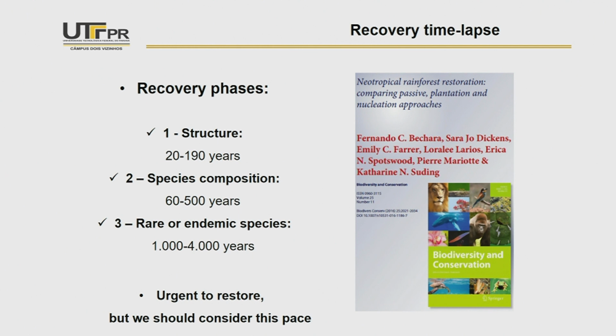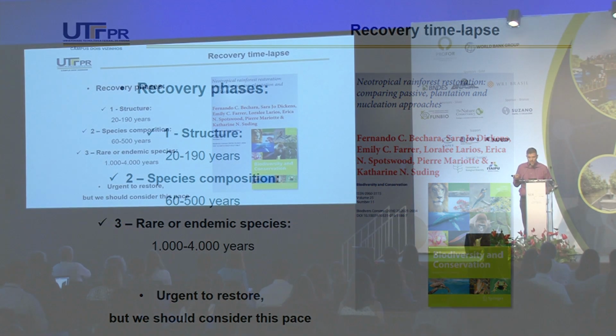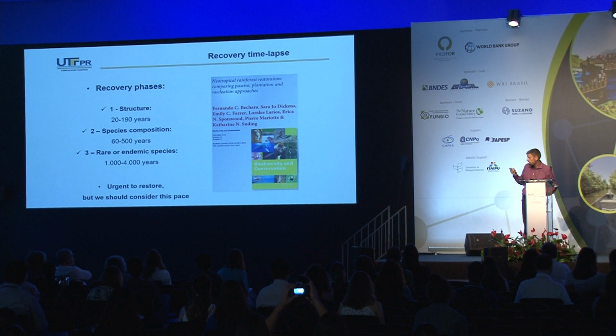So in this paper, we detect 3 different phases of recovery. The first phase would take at least 20 years to almost 200 years, and it would recover just the structure. If you consider the species composition, it would take some hundreds of years, depending on the conditions of the area.